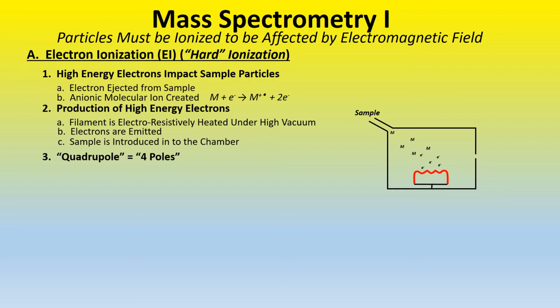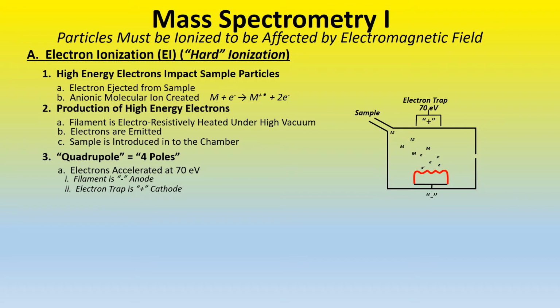First of all, the electrons are accelerated to give them energy, and they are generally accelerated at 70 electron volts. In this case, the filament is the negative anode, and what is called the electron trap, to complete the circuit, is the positive cathode.